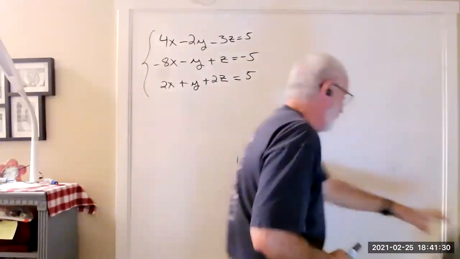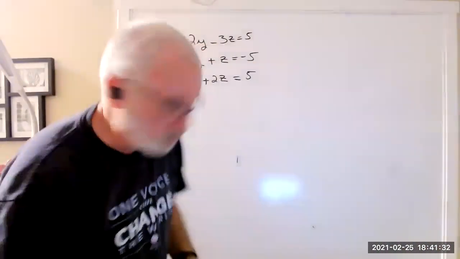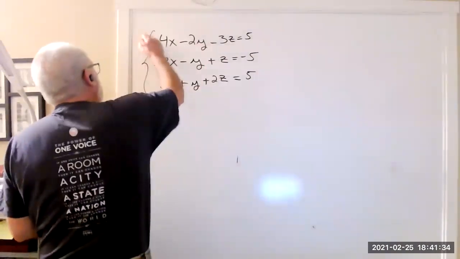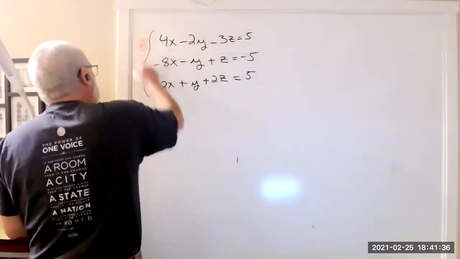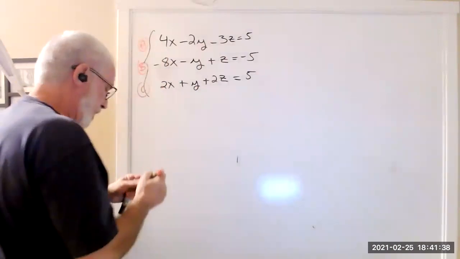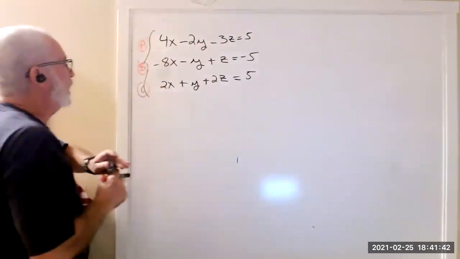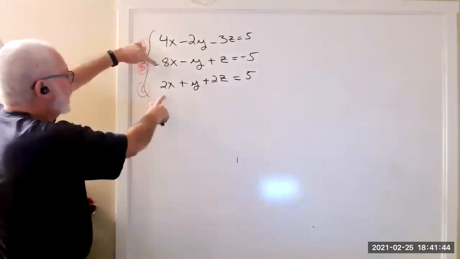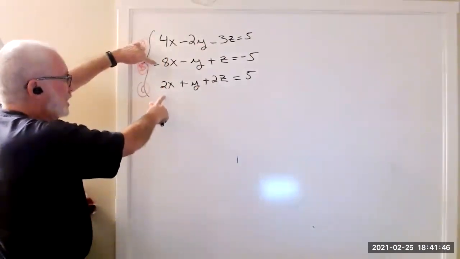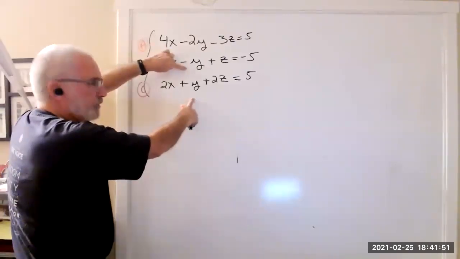All right. So real quick, we have A, B, C. Pick two equations, eliminate a variable. It looks to me immediately like if I pick B and C, y is instantly eliminated, and I don't have to do anything to it.